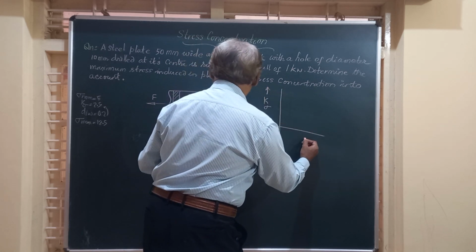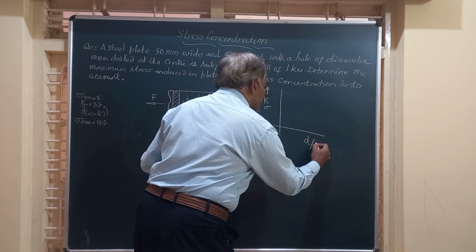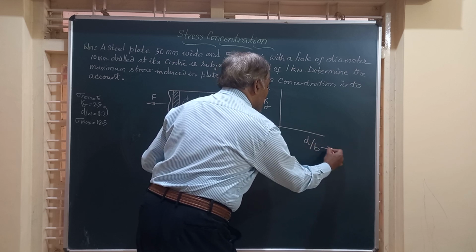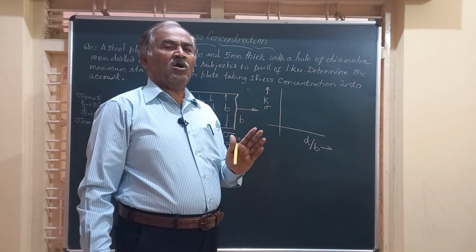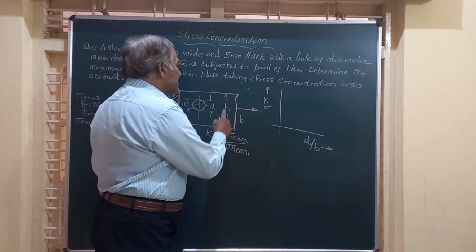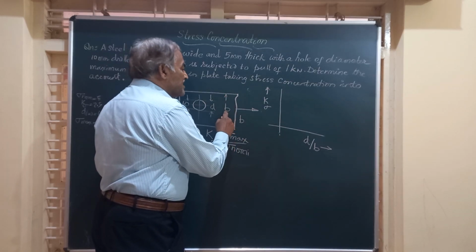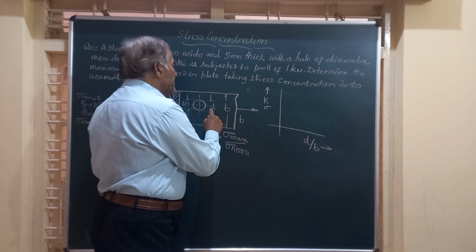The ratio of d by b or d by w, the width, is plotted along the x-axis. Friends, different authors make use of different notations. For example, here for width, some authors represent as w and this diameter as a.